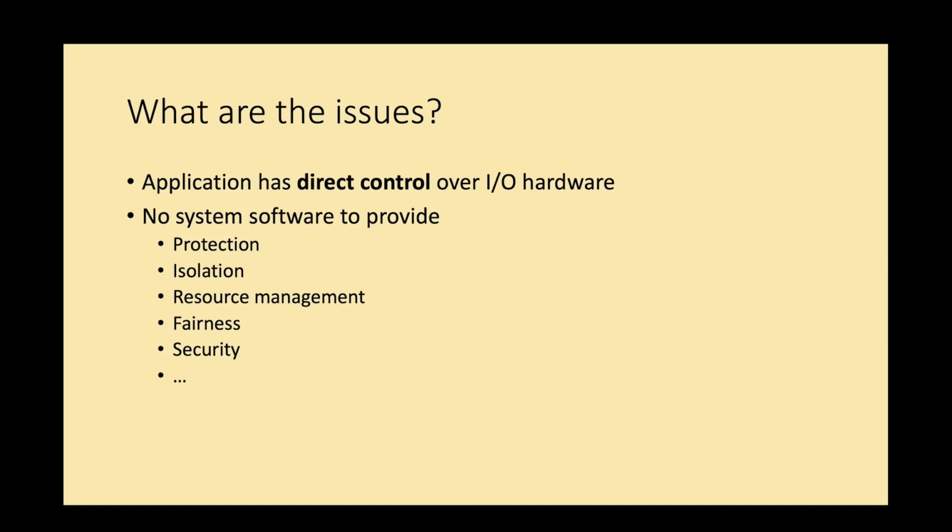Okay? So that's fine, but all these guest virtual machines are accessing the same physical I/O hardware. For example, they are sharing a disk or sharing a network interface card. How do you make sure that each virtual machine is having proper access to this I/O device?